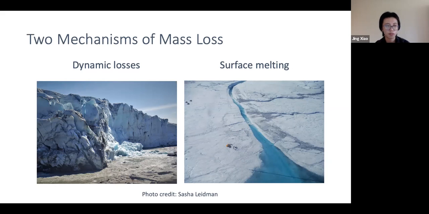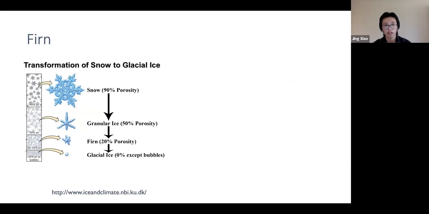This surface meltwater can either go to the ocean in the form of runoff, or it can infiltrate into the underlying firn and refreeze. About firn, we know that fresh snow is very fluffy and contains a lot of air.